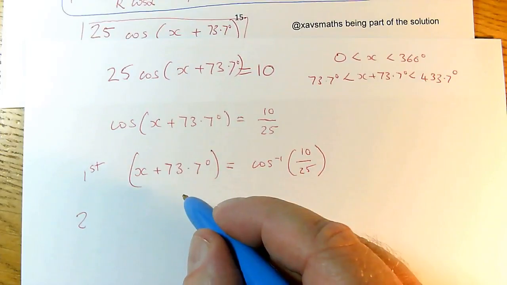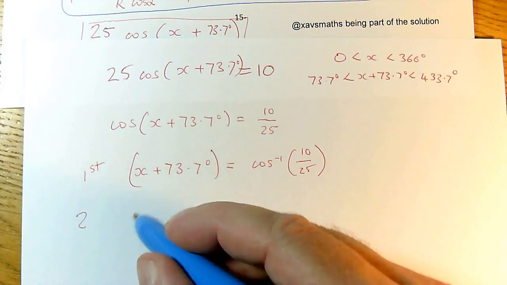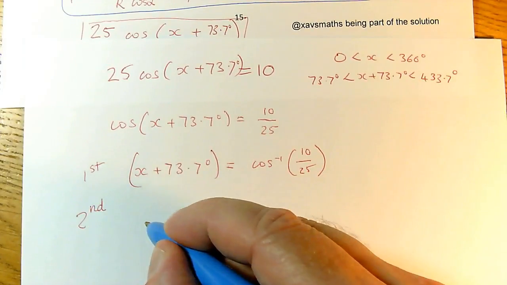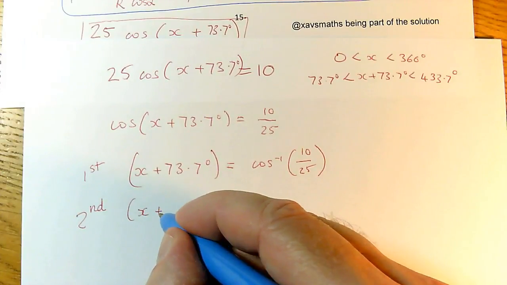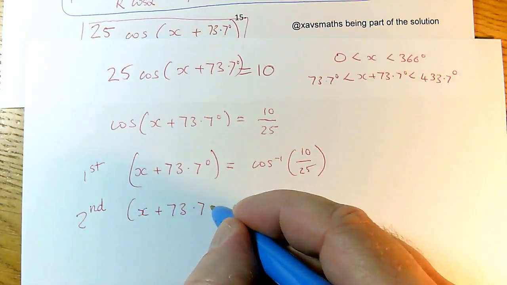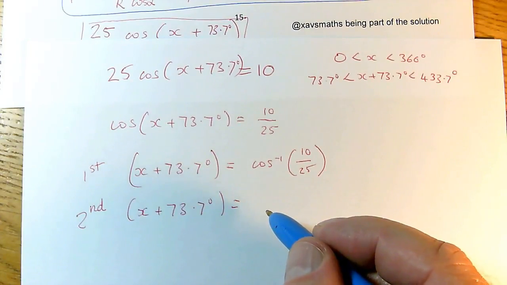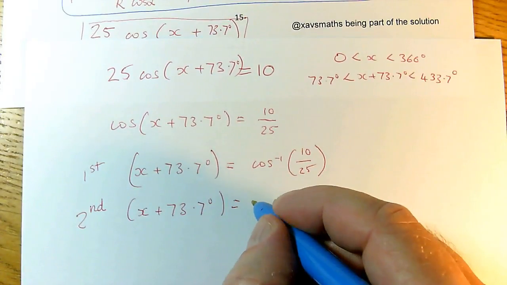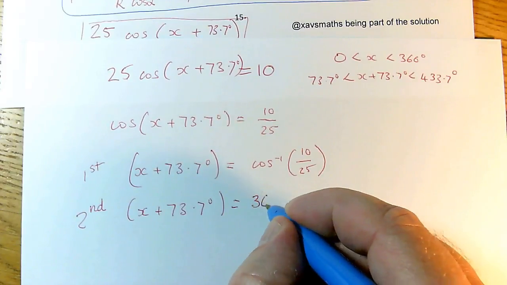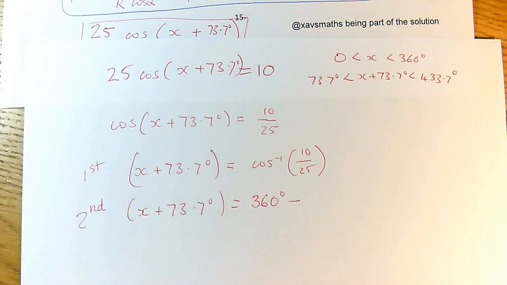So what I don't do is leap towards getting a value for x. I get my second solution set up first. So the other thing that x plus 73.7 degrees is, well, you use a cos graph, or you use whatever your favourite method is of getting the second solution. In degrees, it's 360 minus that first value. So what is inverse cos of 10 over 25?